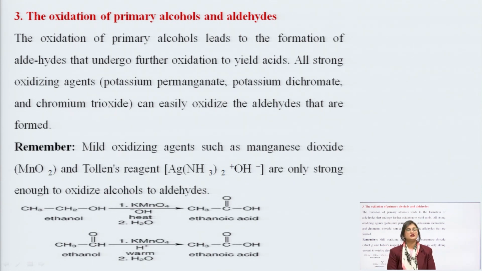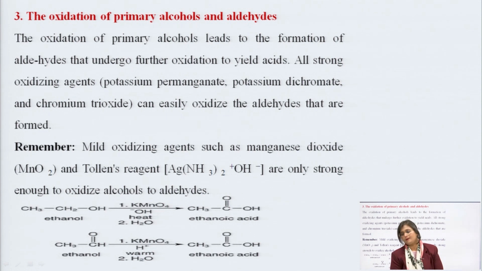All strong oxidizing agents such as potassium permanganate, potassium dichromate and chromium trioxide can easily oxidize the aldehydes that are formed. The thing we need to remember is that mild oxidizing agents such as manganese dioxide and Tollens reagent are only strong enough to oxidize alcohols to aldehydes, but further oxidizing these aldehydes into acids is not possible using these mild oxidizing agents.